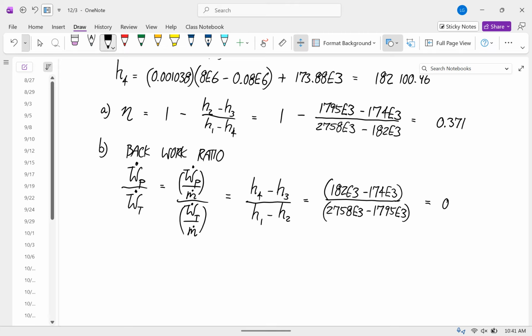And you get 0.00831. Okay, so what percentage of the power that you're generating by the turbine is spent running the pump? About less than 1%. Less than 1%, exactly. 0.8%. Yep.